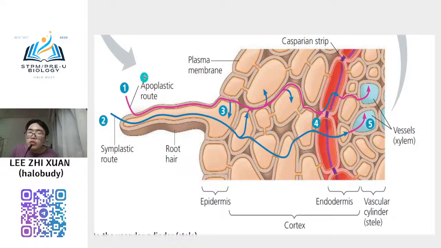So if you want water molecules from the soil to be absorbed by the root hair and enter the root cell, you need to maintain that the root hair is in a hypertonic condition, meaning that the solute potential for the root hair is very high. The water potential at the root hair is very low, so that the water molecules from the soil will diffuse or enter into the root cell down the concentration gradient.